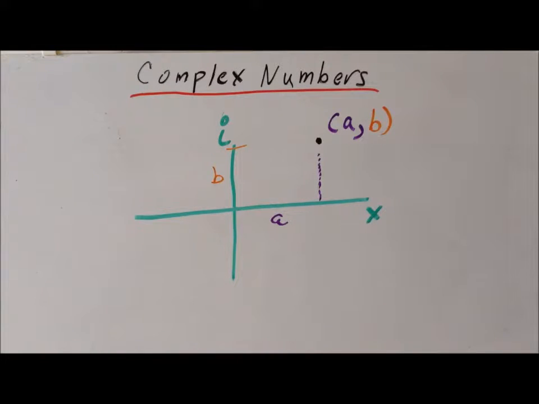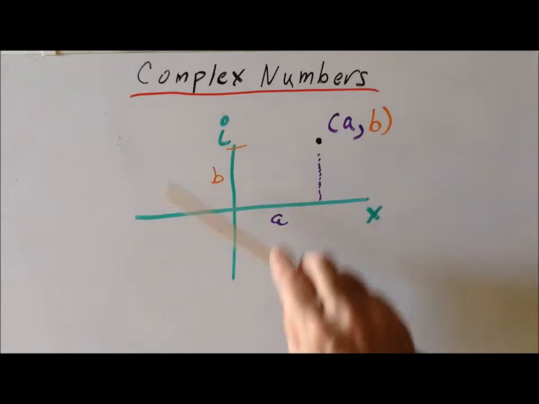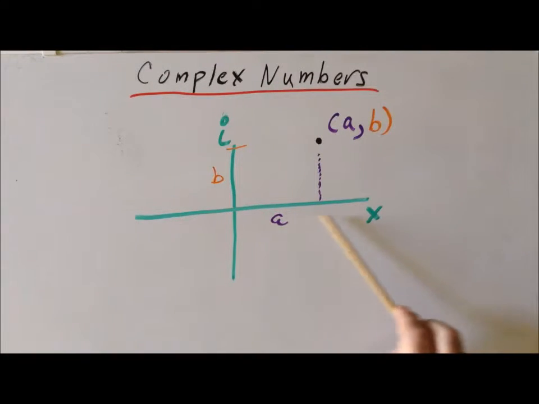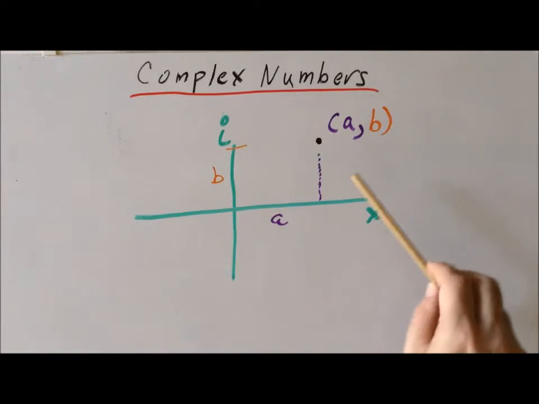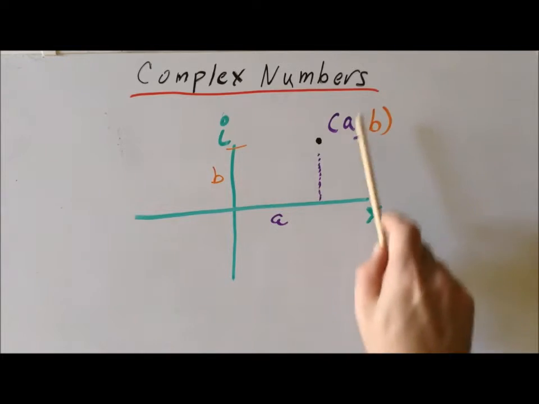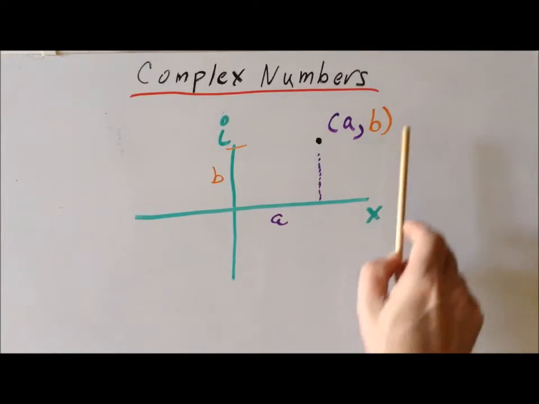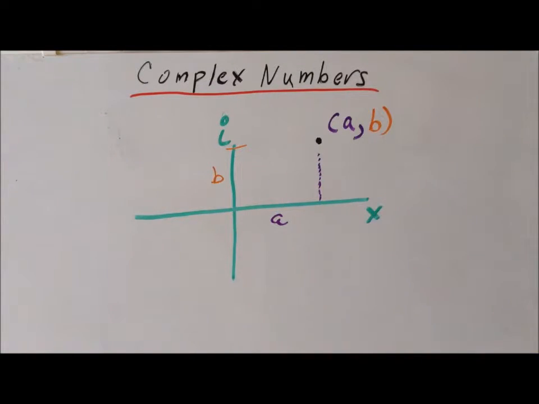Therefore, we can think of this particular complex number as simply being the ordered pair, a point, in a two-dimensional space whose first coordinate is a, that's the distance along the x-axis, the real axis, and the second coordinate is going to be the distance in the imaginary axis, b. So we often think of this point as being synonymous with this ordered pair a, b.